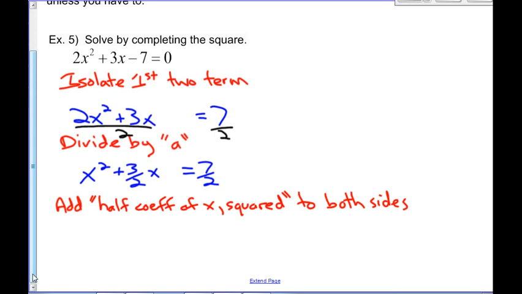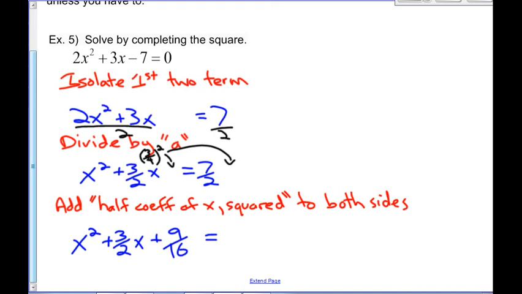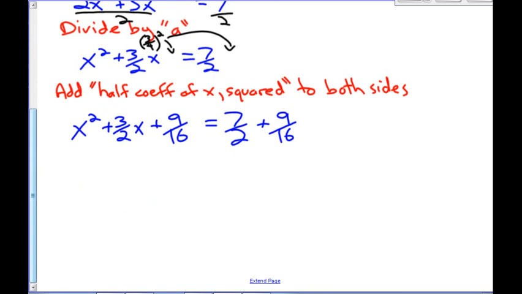Okay, so that number is going to look like half of 3 over 2 would be 3 over 4, squared. And I'm going to add it here and add it here to keep the equation balanced. That gives me x squared plus 3 over 2x plus 9 over 16 equals 7 over 2 plus 9 over 16. Everything's still balanced.